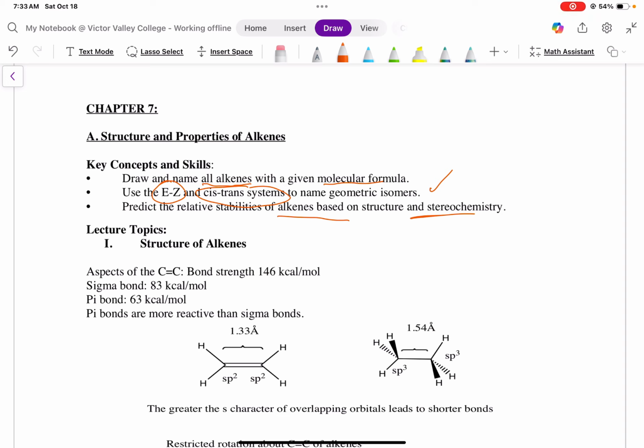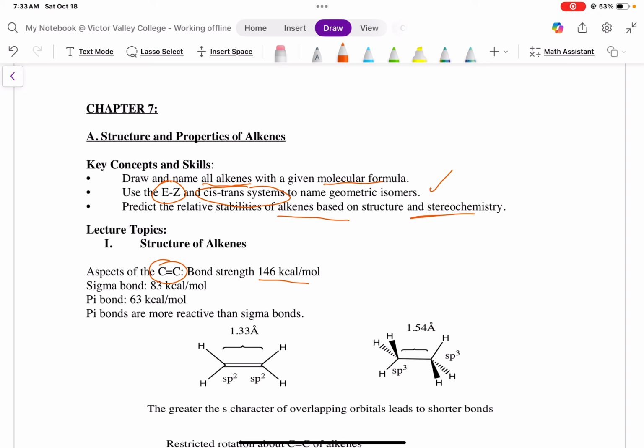Now, an alkene is an alkane where you take away two hydrogens, at least two hydrogens per double bond. So it's got a carbon-carbon double bond. The bond energy, or bond strength, is about 146 kcal per mole.